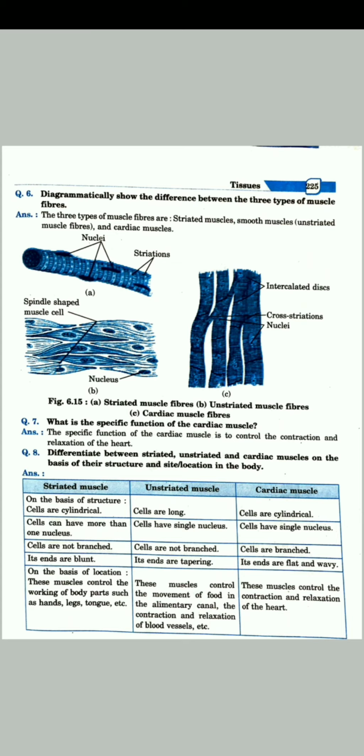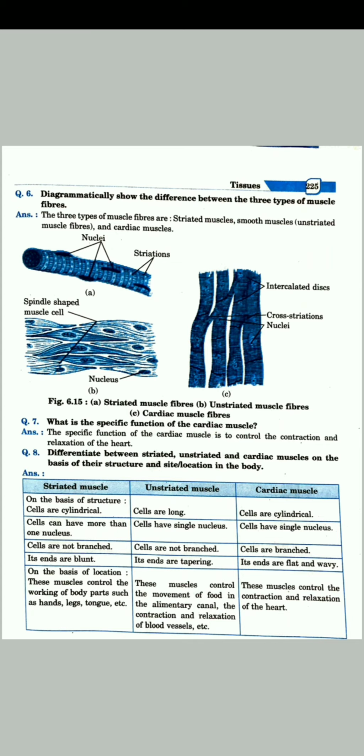Spindle shape muscles have one nucleus, and cardiac muscles have one nucleus, but these striped or striated muscles have multinucleus. One single cell has multinucleus, meaning more than one nuclei. And cardiac muscles are branched, and all the others are not branched. So you can see that difference between all these three.